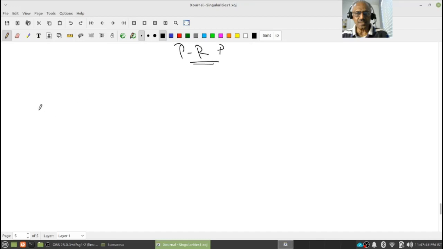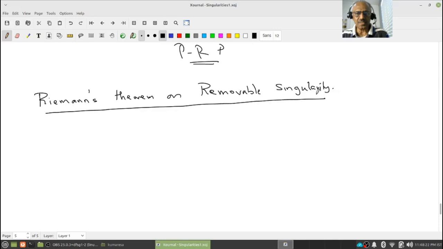Now we are going to prove one of the most basic important results on removable singularity. This is already proved as a corollary to Morera's theorem.